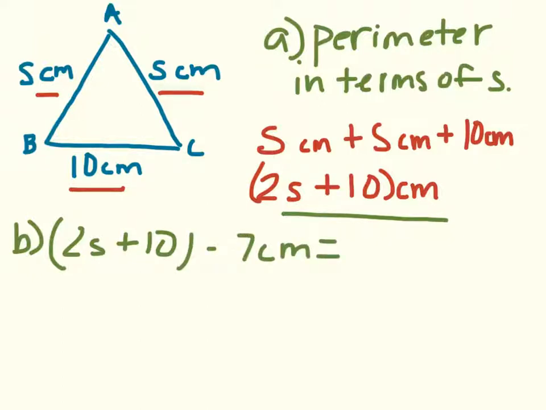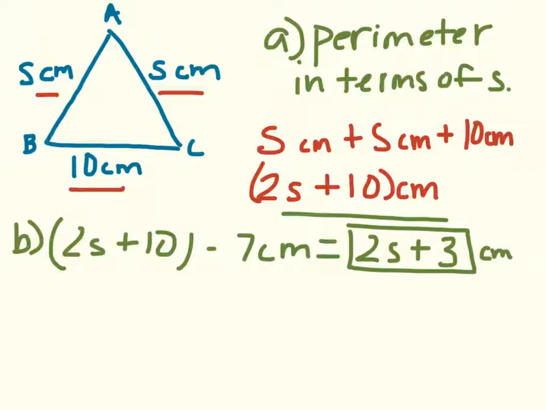And that should give us the perimeter of our trapezoid. So let's solve. Our 2S remains the same, and then we have 10 minus 7, leaving us with 3. So the perimeter of the trapezoid is 2S plus 3, oops, I forgot my centimeters. 2S plus 3 centimeters.